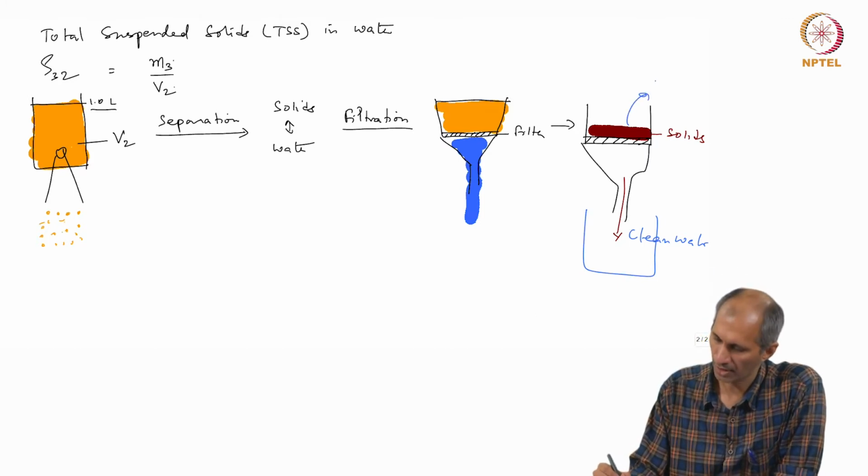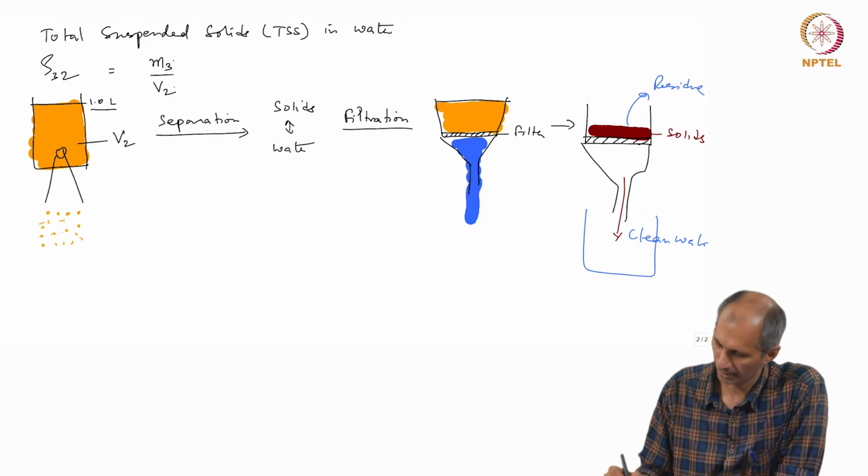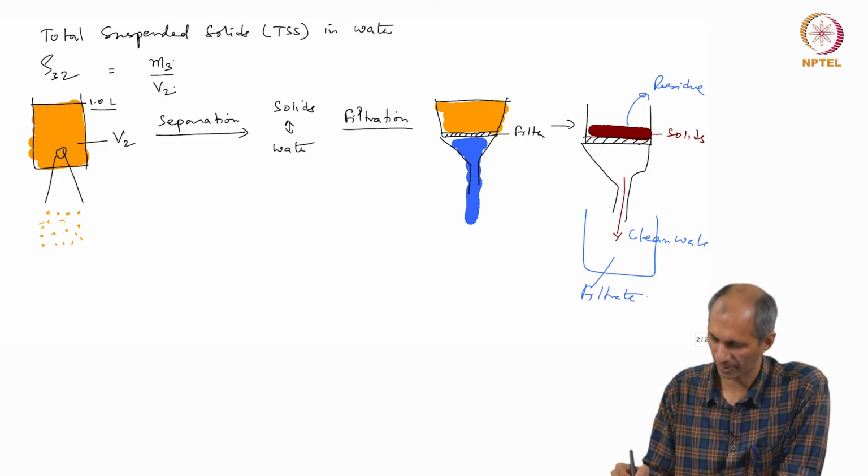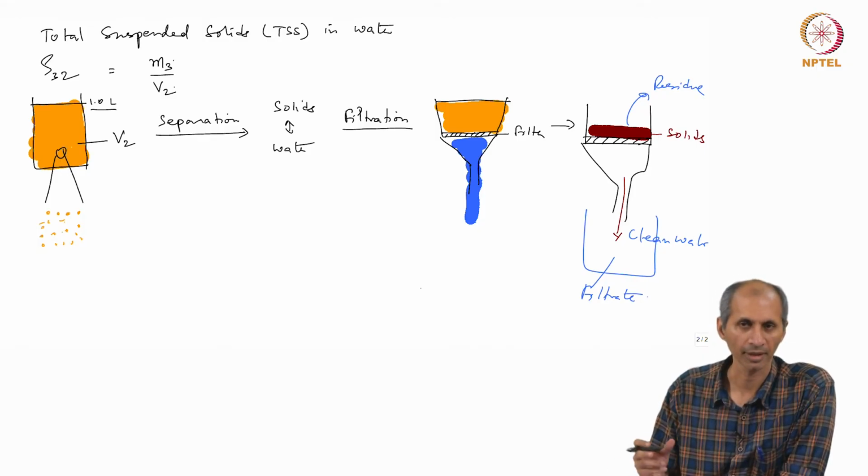So, this is what we call a residue, and this is a filtrate. Now, how do I measure the amount of solids here? I have separated it, and the solids that are collected on the filter paper, I have to measure.